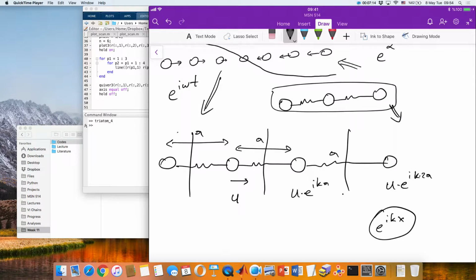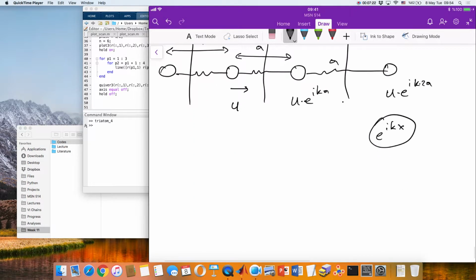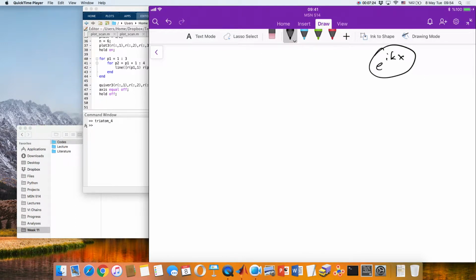Not so much? Let me try to make it more clear. You know that there is a correspondence between this one and this one, right?